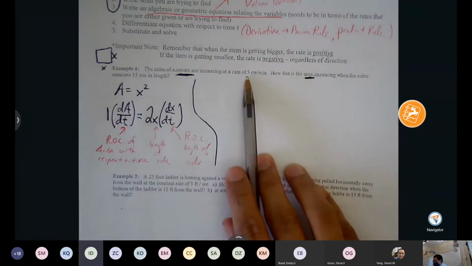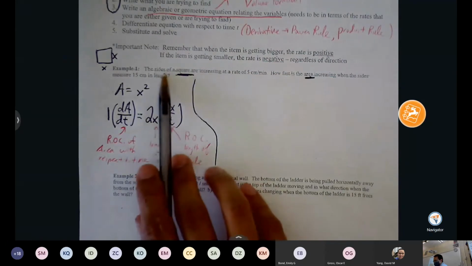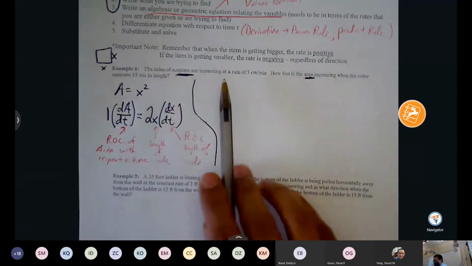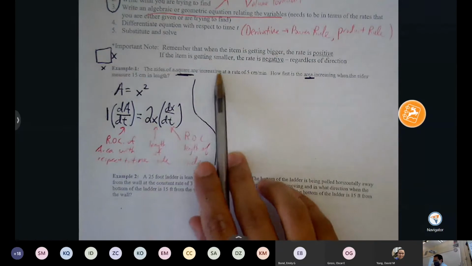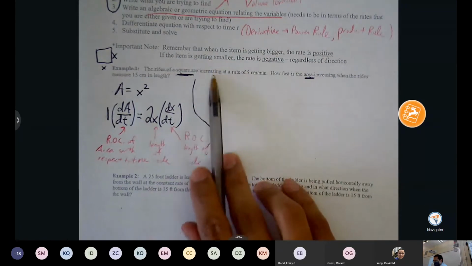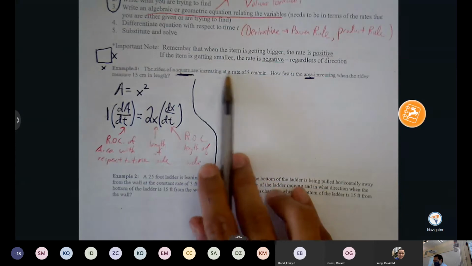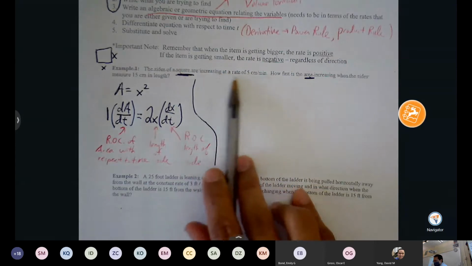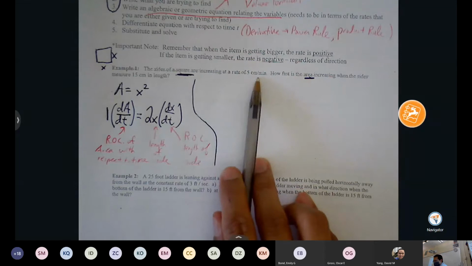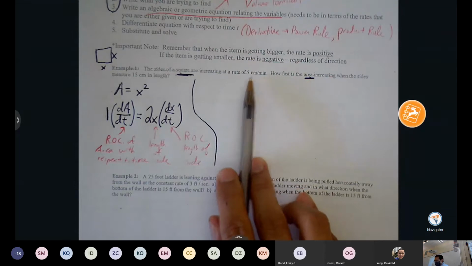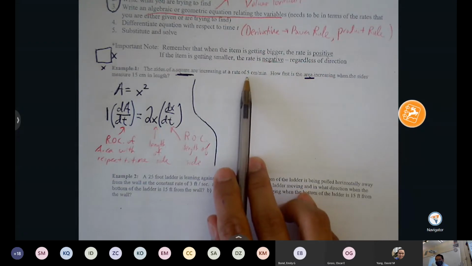So it definitely is x related, right? It's definitely talking about the side of a square. But we see some motion involved, right? Increasing rate, centimeters per minute. So it definitely is related to the side length, but it's actually going to be what?